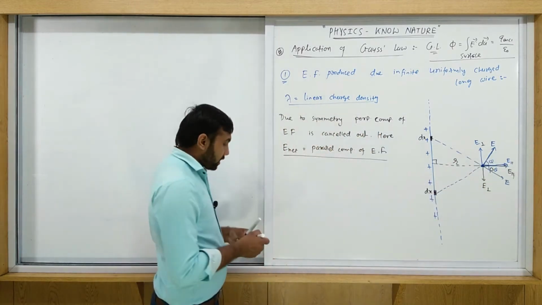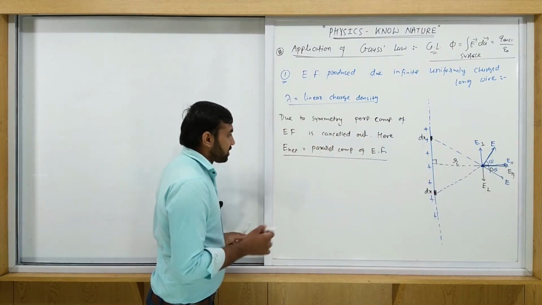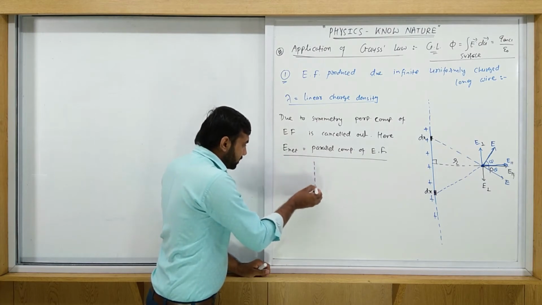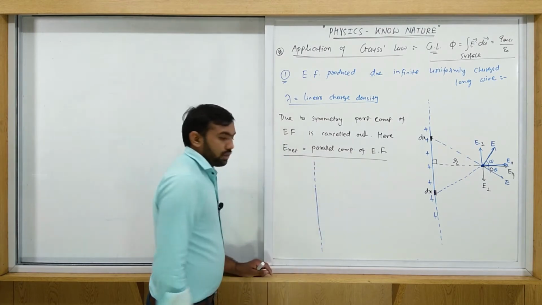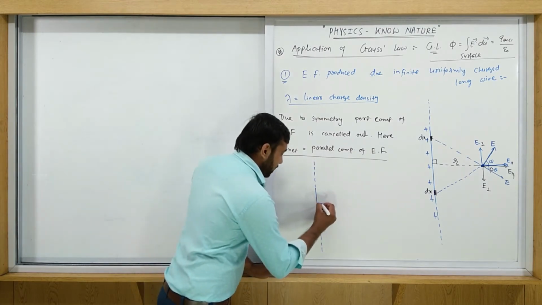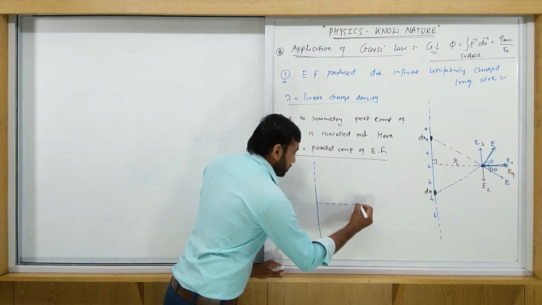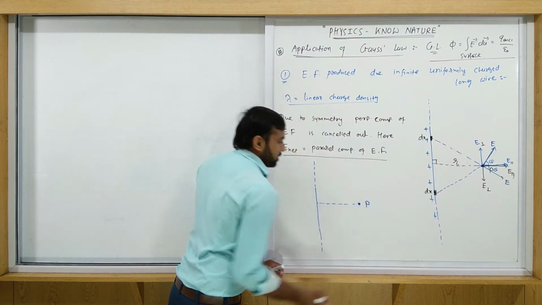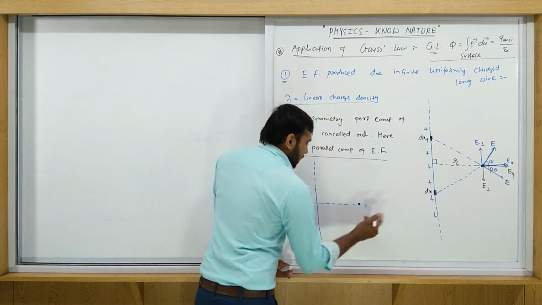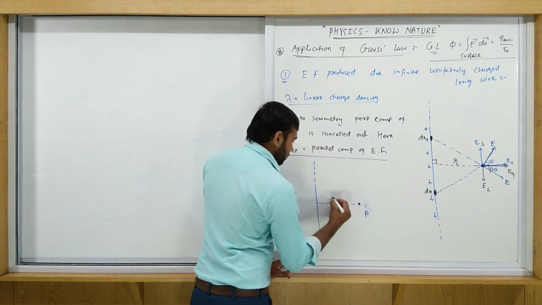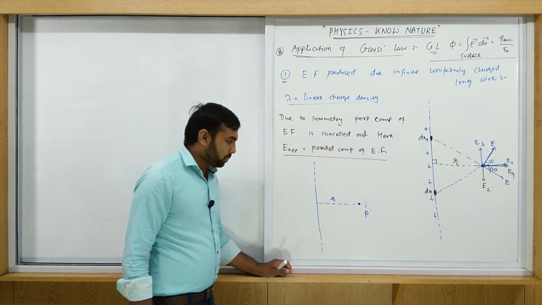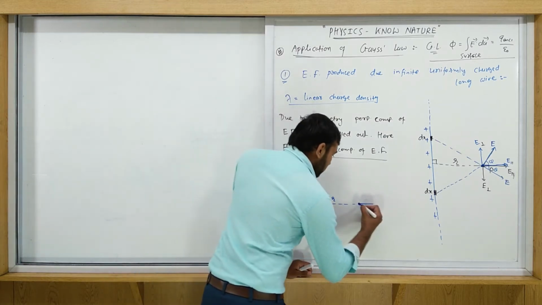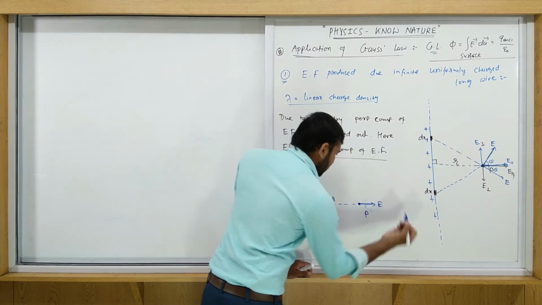Okay, so let's draw the same figure to derive this relation. This is the infinite long wire. From here you consider one point P somewhere here, at a distance r. And here E is along only this direction.